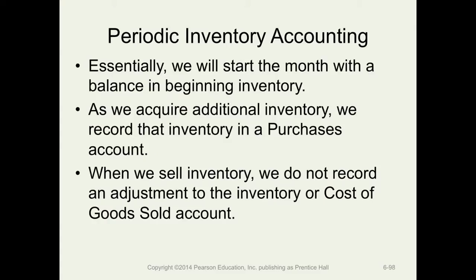So when we do use the periodic system, we start each month with, of course, the beginning inventory. As we said, we already covered some of this in the chapter. When we buy inventory, we record it in a purchase account.